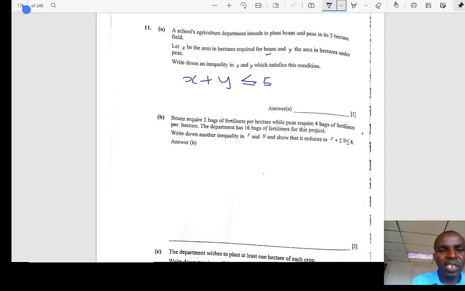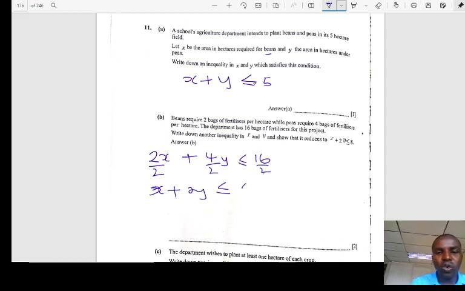X. So you say X times the number of bags, plus 4 for peas, which is Y, must be less than or equal to 16. So the number of bags used on peas plus the number used on beans must not exceed the number of bags available. Then you divide by the common factor 2. It will be X plus 2Y is less than or equal to 8. Then we're supposed to show that one.